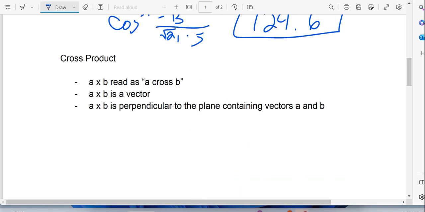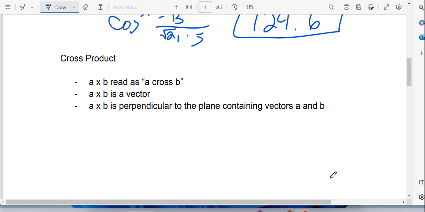The thing that's going to be really different about this section is something called cross products. If we have something written as this, it's read as A cross B. There's a couple things you should know about it. A cross B is a vector. So your result, if I ask you for the cross product, your output should be a vector. Also, A cross B is perpendicular to a plane containing vectors A and B. Why is that important?